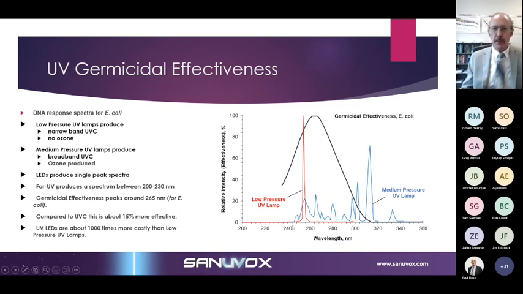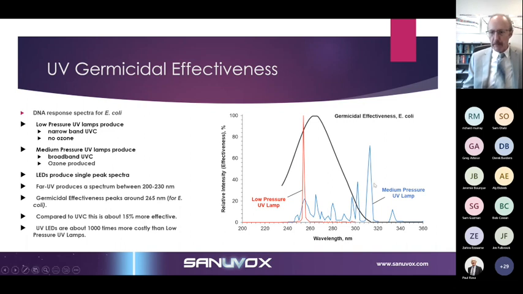Now, each of these spectra can have a different germicidal effectiveness. In the example I'm showing here, we're looking at the germicidal effectiveness on the bacteria E. coli. Low pressure UV lamps sit at about 85% germicidal effectiveness for E. coli.